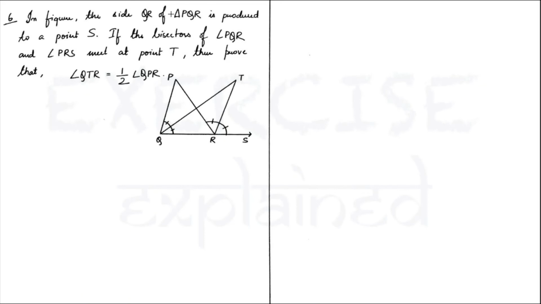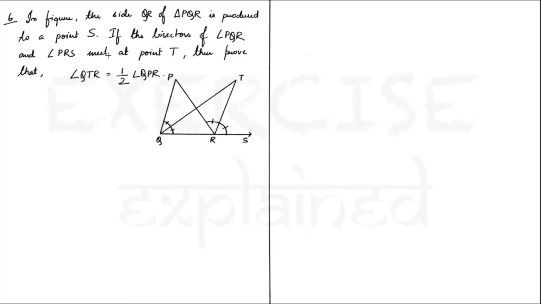In the figure, the side QR of triangle PQR is produced to a point S. So this QR has been produced to S. If the bisectors of angle PQR, PQR is here, so is QT, and PRS, so PRS is RT.